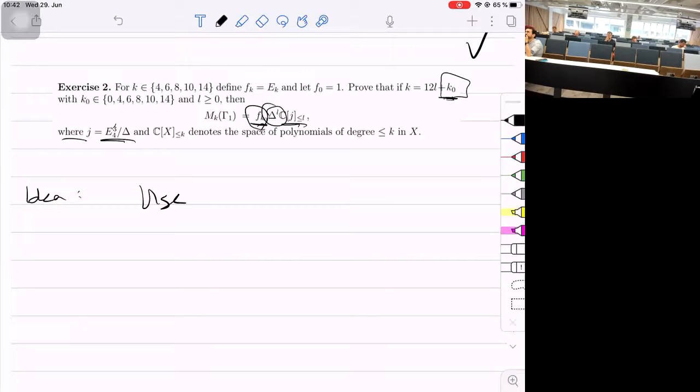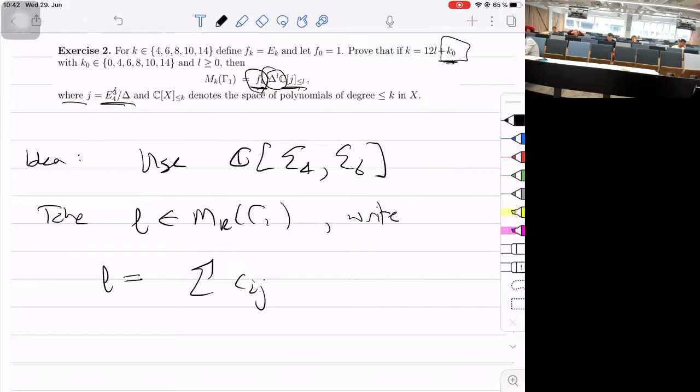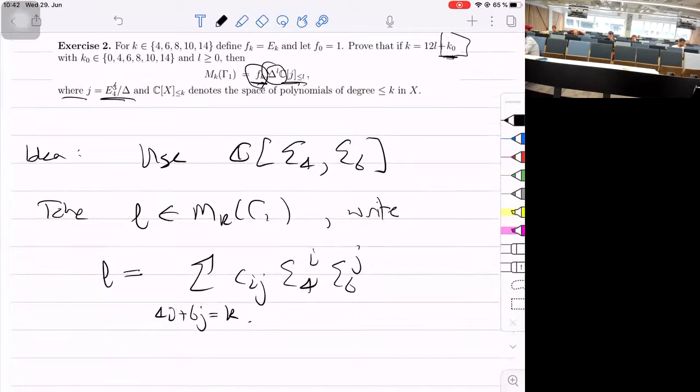So maybe the idea is to use that the ring of modular forms is generated by E4 and E6. So we can write this arbitrary modular form F as a polynomial, with coefficients c_ij, E4 to the i, E6 to the j, where 4i plus 6j is up to whatever weight the modular form is.